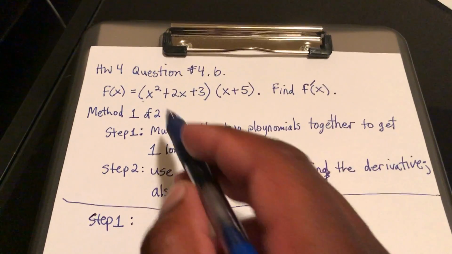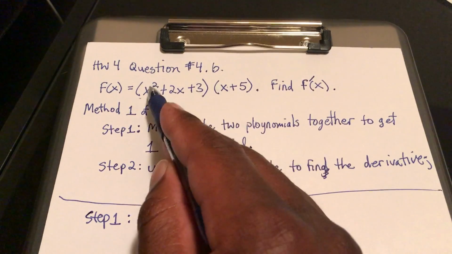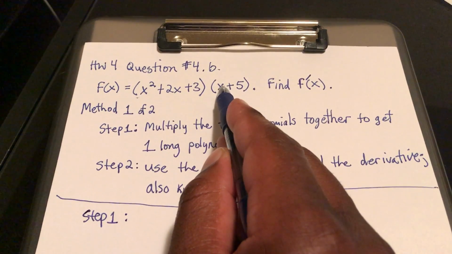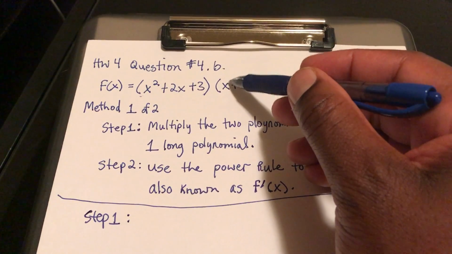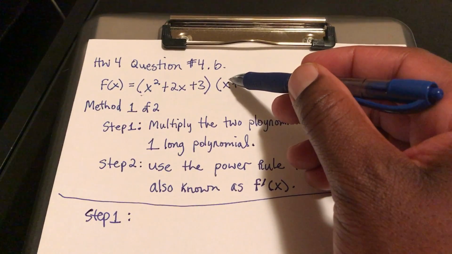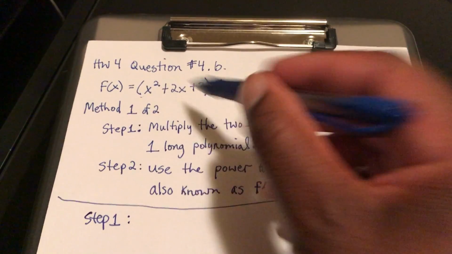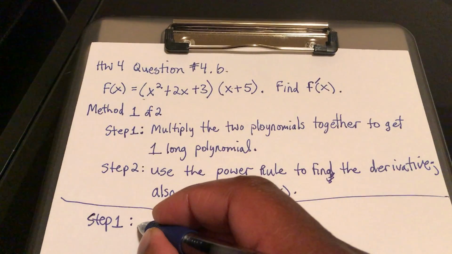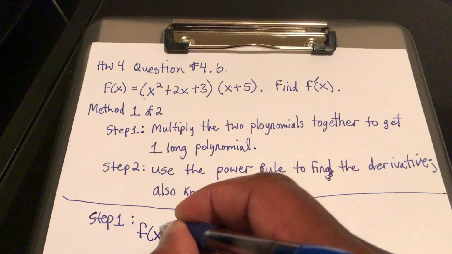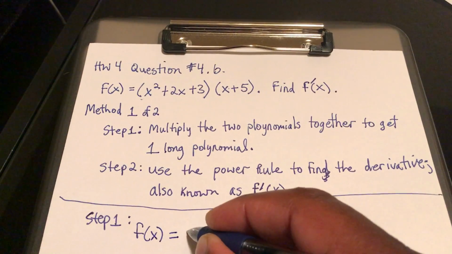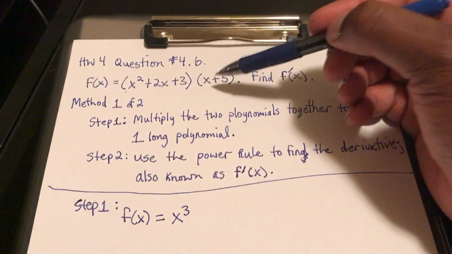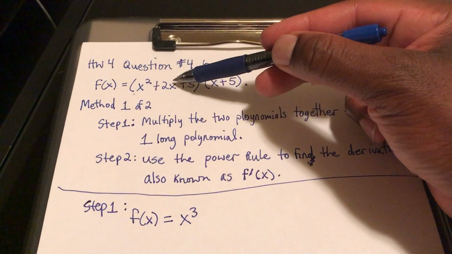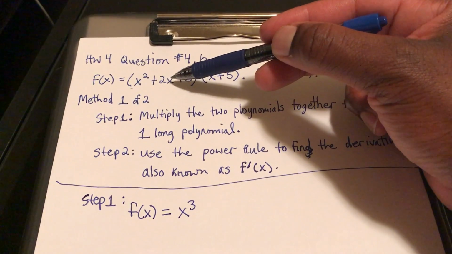Okay, remember, if you're multiplying two things that have the same base, you add their exponents. There is an invisible 1 here, x to the first power times x squared is going to give us x to the third power. Now I'm going to distribute this x over here to the 2x, multiplied by 2x.